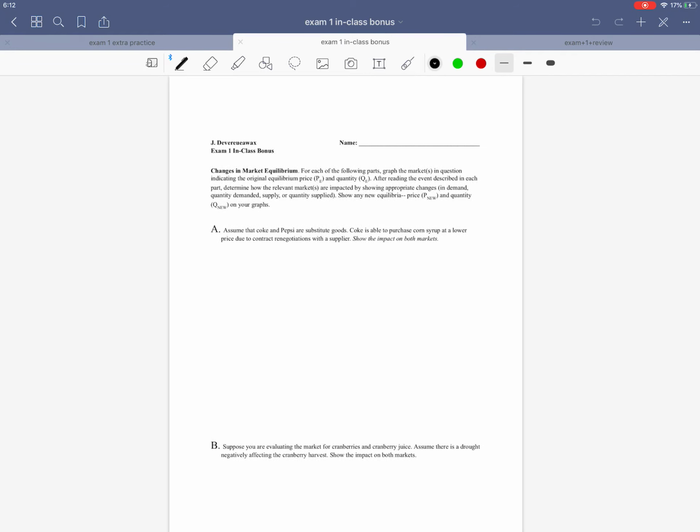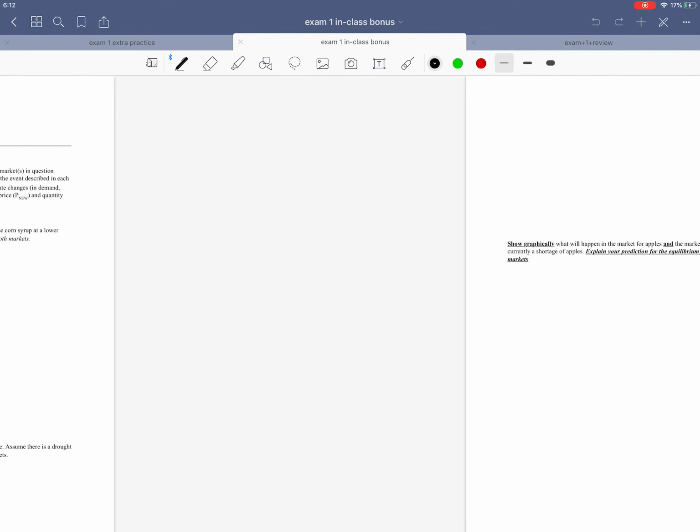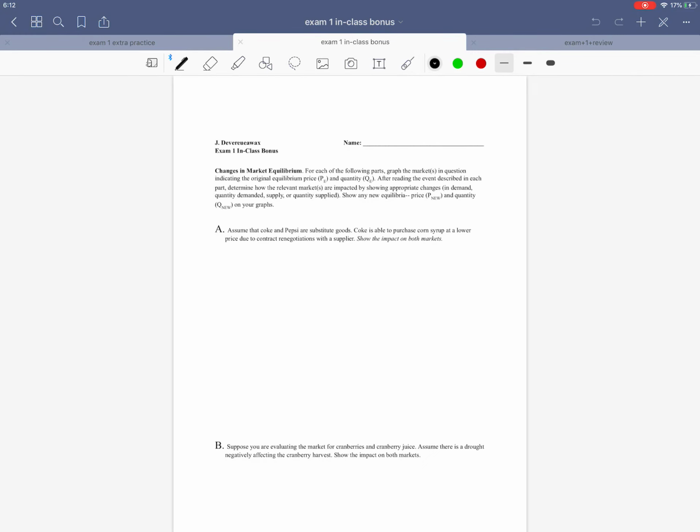Let's look really briefly at some of these for the second one. So this is looking at changes in market equilibrium. It says assume that Coke and Pepsi are substitutes. So we have the market for Coca-Cola, and we're going to have the market for Pepsi.